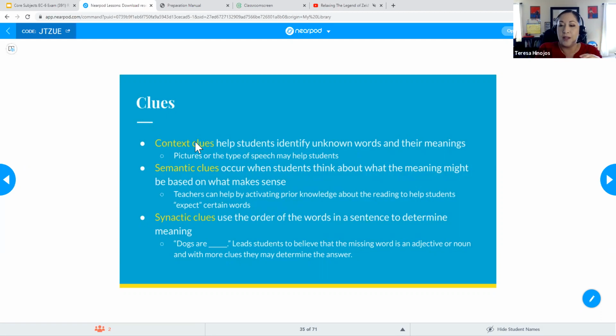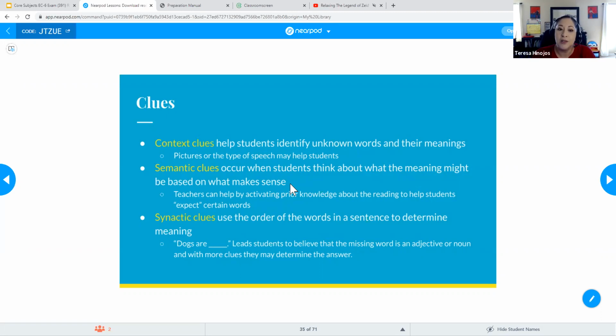So if they're not quite sure what the words mean, it's kind of like matching, well, does this word make sense? Or does that word make sense? Then there's going to be semantic clues. So that's when students think about what the meaning might be based on what makes sense. And so again, you may have pictures that may help, or with other parts of the reading, as kids get older, they're going to try to figure out what might be there.